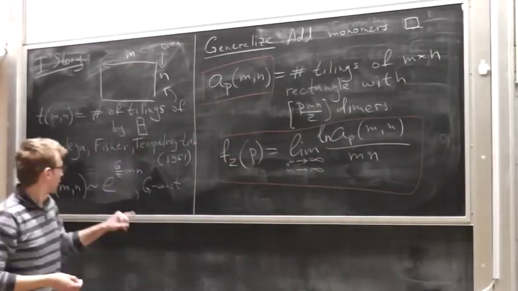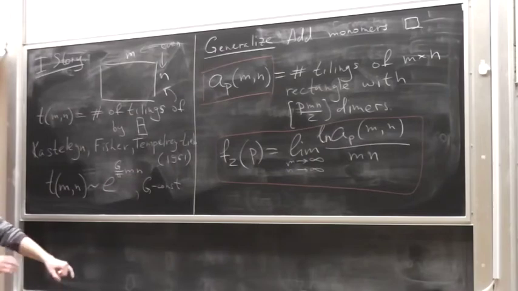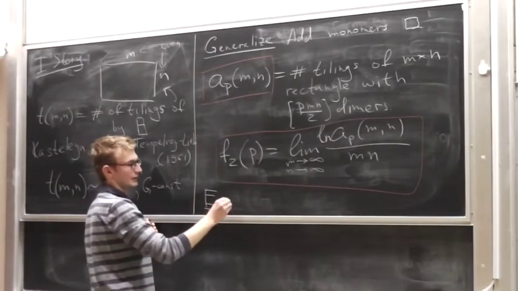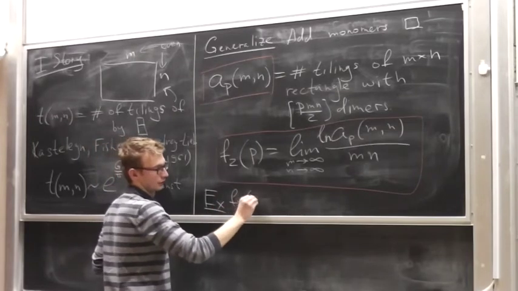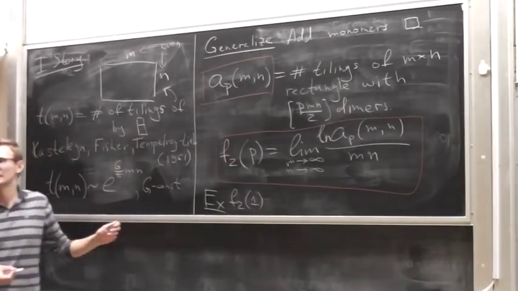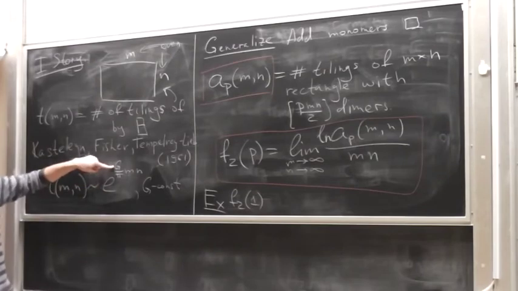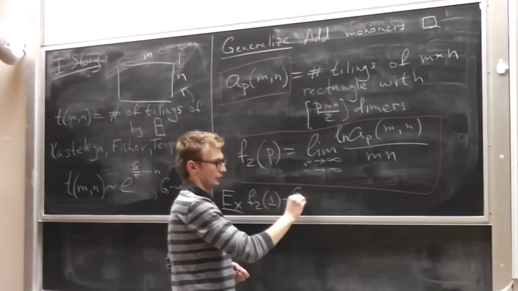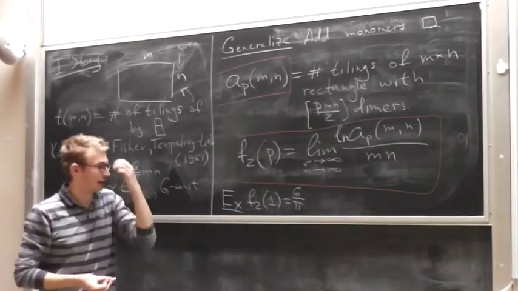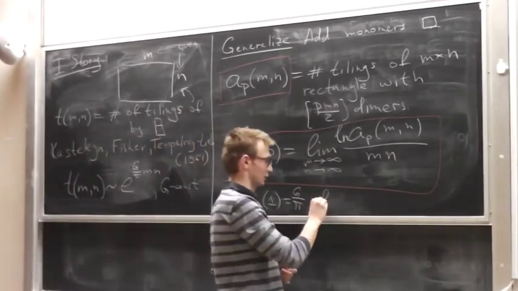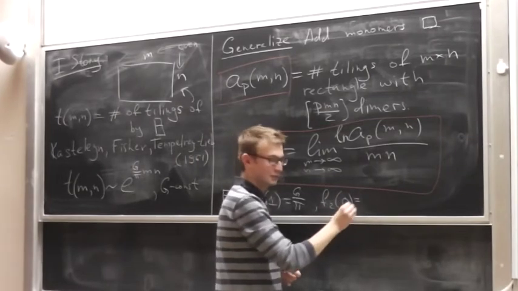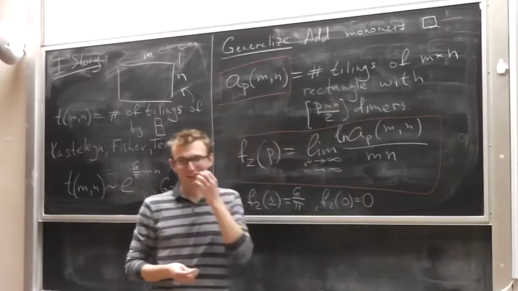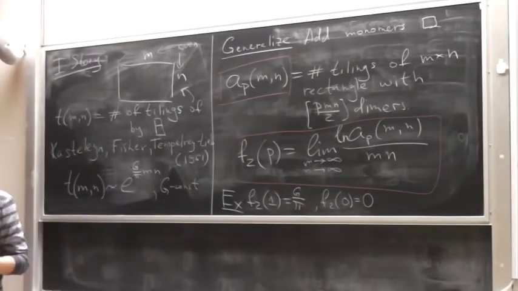And then this nice result implies, for example, that if the density is 1, so we have only dimers, then the result should be G over pi. And another thing we can do is find this one, and this is 0. And this is all that we can do easily, fortunately.